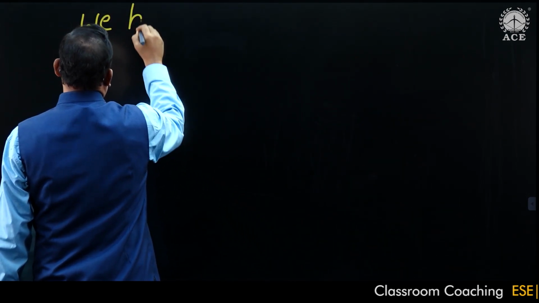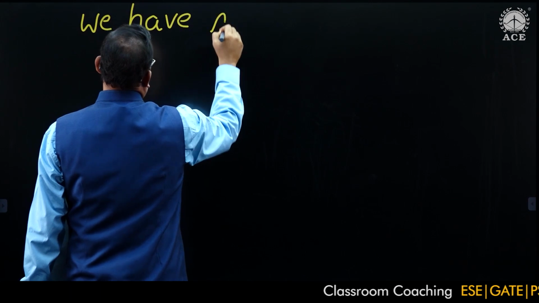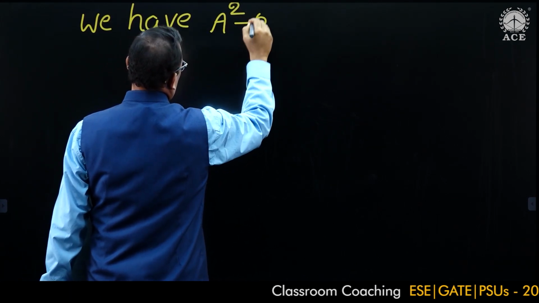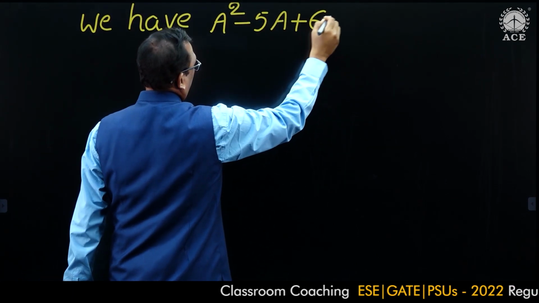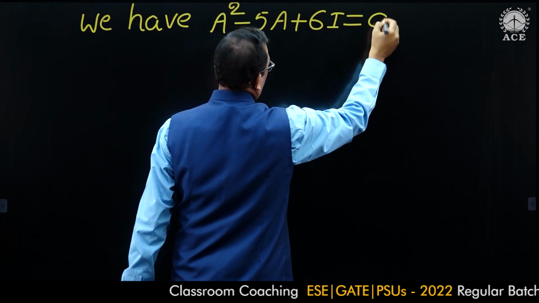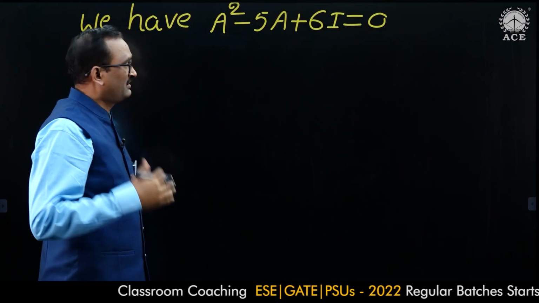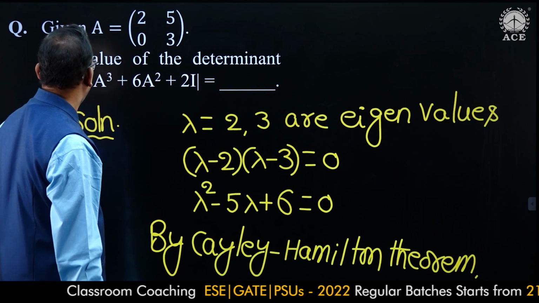We have A square minus 5A plus 6I is equal to 0. Now take the given problem.